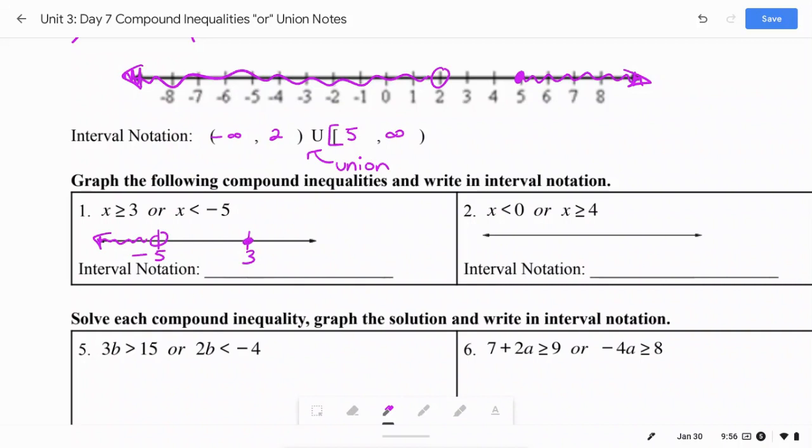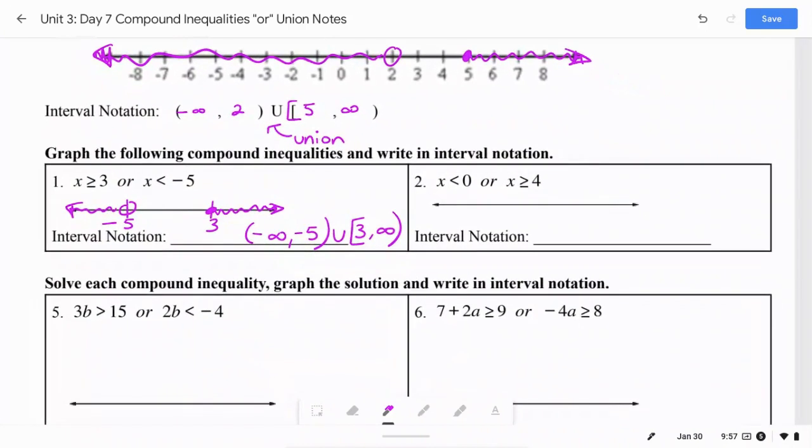Positive 3 would have a closed circle since it has the equal bar and it's greater than, so it would be shaded to the right. So the interval notation from left to right would be from negative infinity to negative 5 with parentheses. Then we put the U, which stands for union or join together. Then we'd have a bracket, positive 3 to positive infinity.